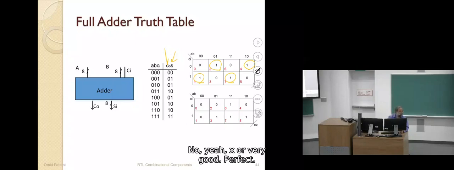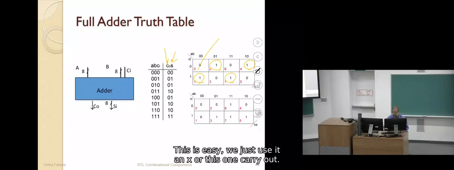XOR. Very good, Eric. Perfect. So XOR is a very useful component. It gets inputs, and based on the odd number of inputs, it generates either 1 or 0. So this is easy. We just use an XOR.